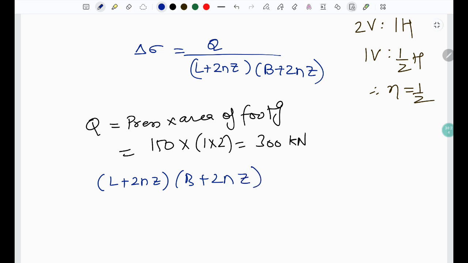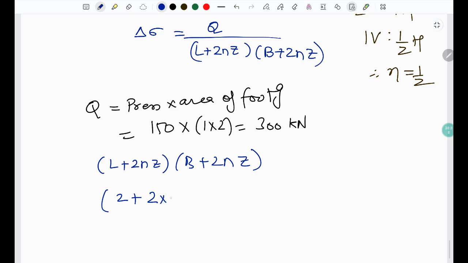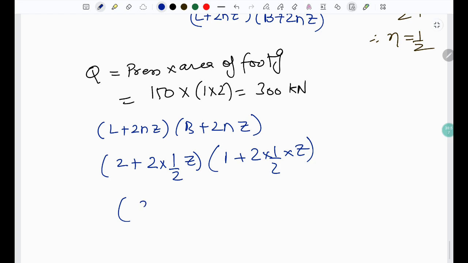Let us say the length is 2 meters, so 2 plus 2 into n is 1/2, and z is how much, we will find out z now, and b is 1, so 1 plus 2 into 1/2 into z. This becomes 2 plus z, and this becomes 1 plus z.